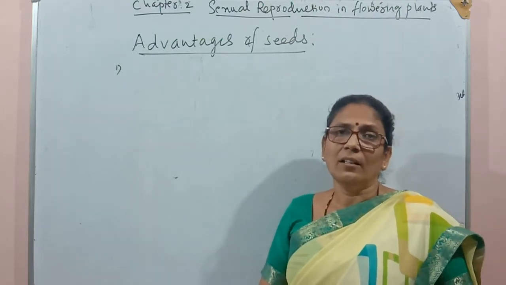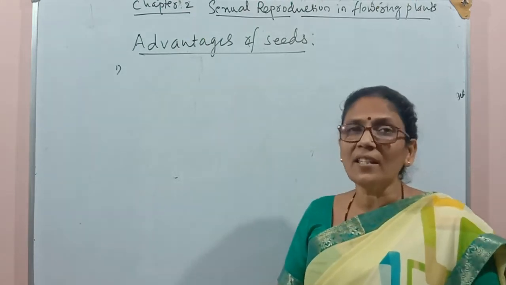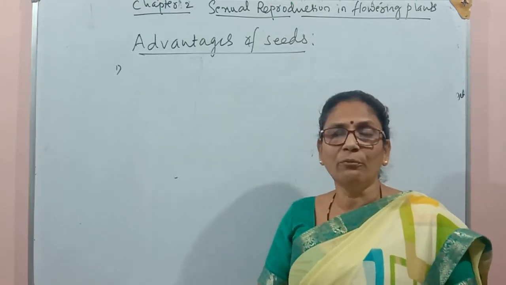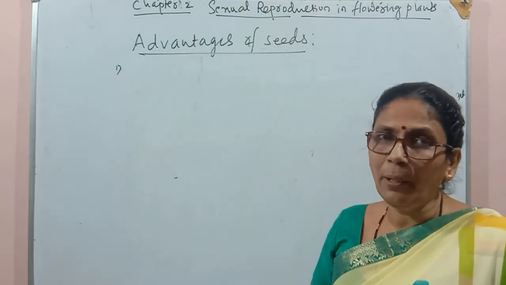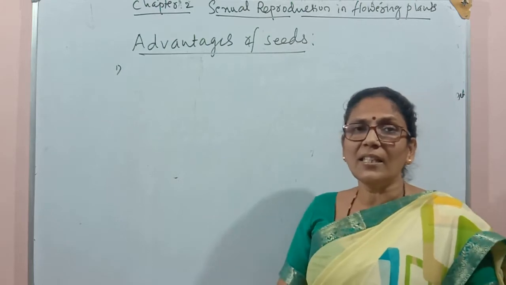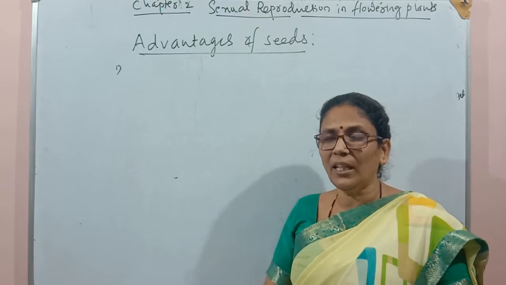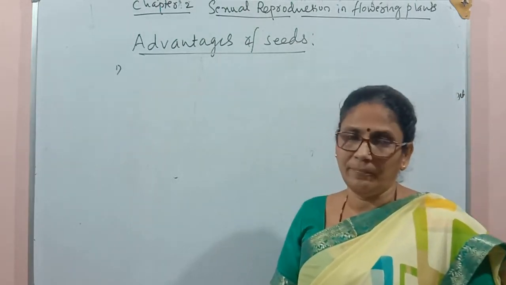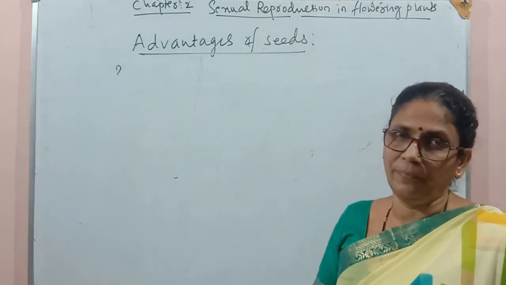The third advantage is that when seeds mature, they dry up. These dried seeds can be stored for a longer period, and they are used for food purposes. A human being can use the seeds for food. The fourth one is that seeds are the product of sexual reproduction, so they can bring new genetic recombination in the offspring.